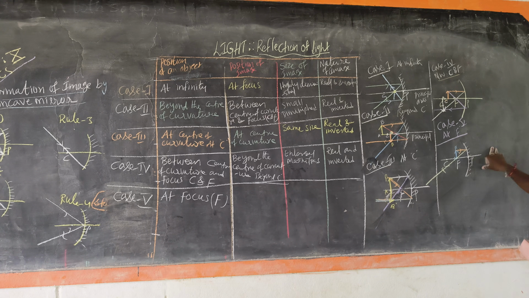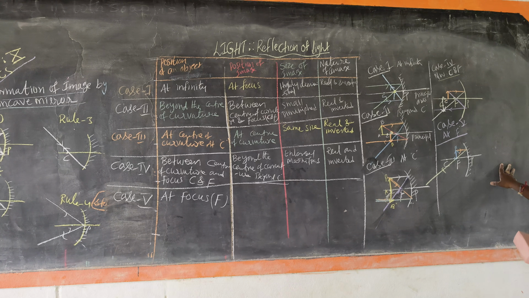Then if you take the second rule, through the focus is not possible because the object is placed at the focus. Then let us try rule 3 or rule 4.